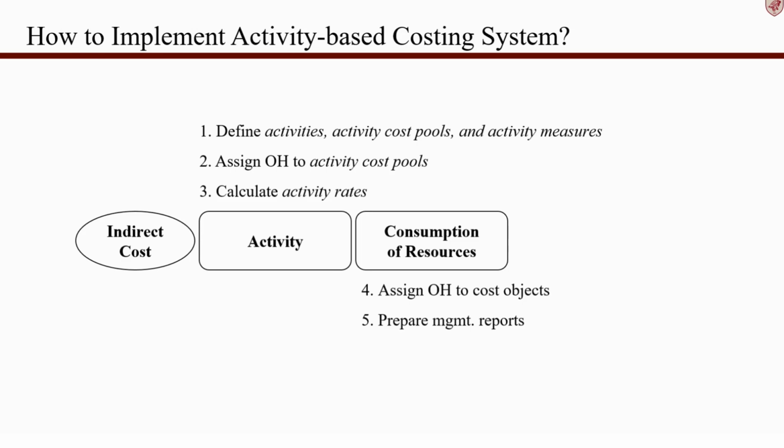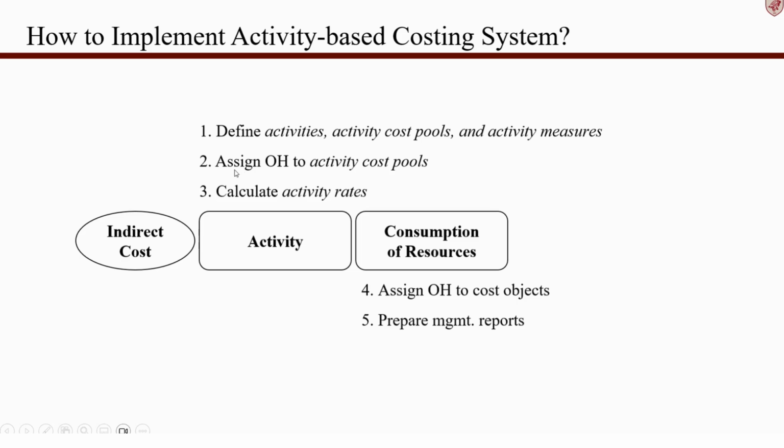So this is kind of a repetition of what I've shown you. Then how can we implement activity-based costing, right? So first you need to define what types of activities there are and what the associated activity cost pools are. Activity measure is nothing more than the activity rate that we are going to apply for different activities.